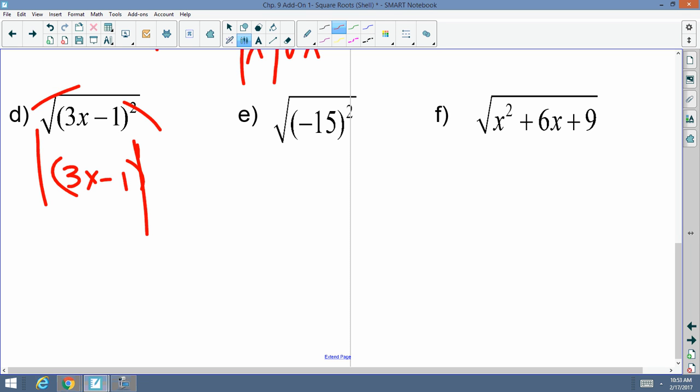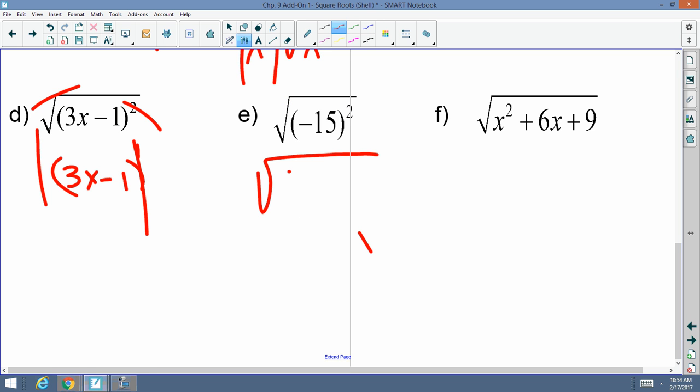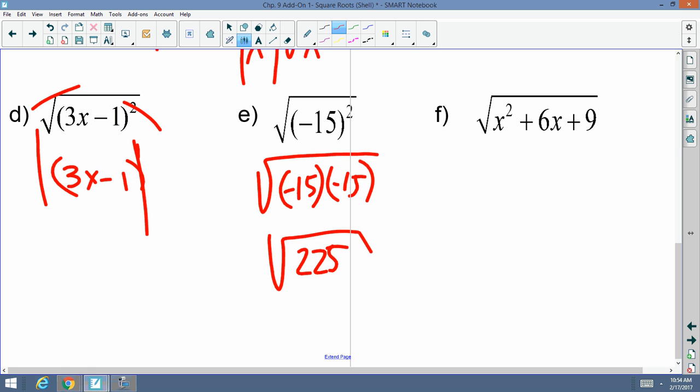And then here, this is a great one. This is the square root of a negative 15 squared. Most people are going to do this: oh, it equals negative 15. That is absolutely wrong. If you think about this, guys, this here is the square root of negative 15 times a negative 15, which is positive 225, which equals 15.